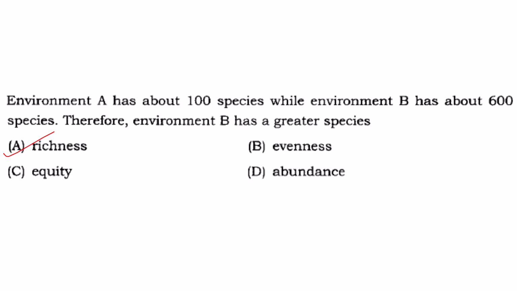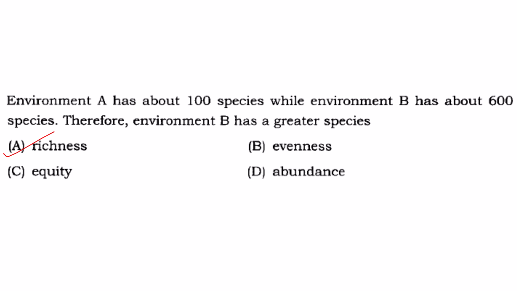So 10 plus 20, 30 plus 70, 100. So that is abundance. Total number of individual organisms. So individual apple tree, individual pine tree, how many are there each? That is abundance.